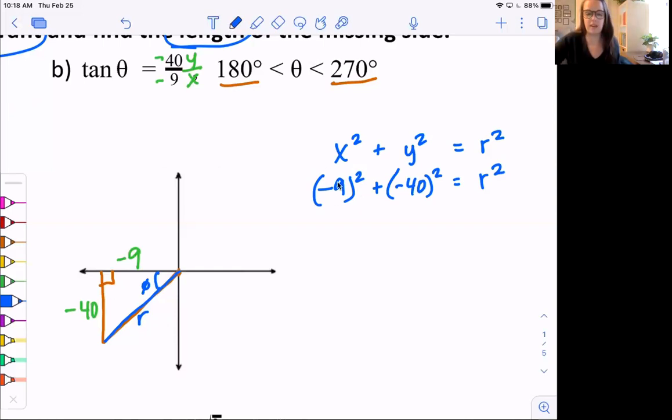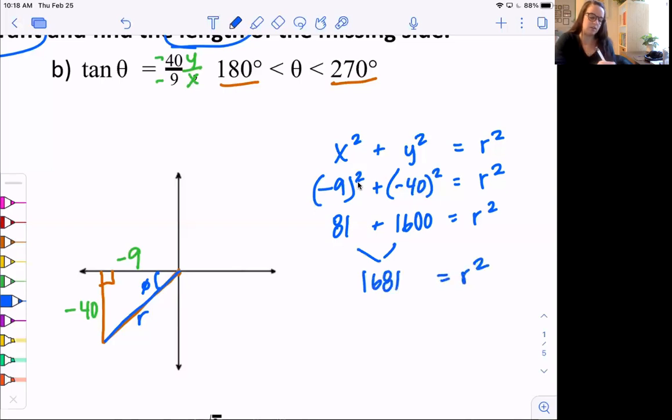All right, so -9 squared is going to make 81. -40 squared, 4 times 4 is 16 with 2 zeros, right? Equals r squared. For the sake of time, I'm going to tell you this is 1681. Does anyone know the square root of 1681? 41, absolutely. 41 equals r.